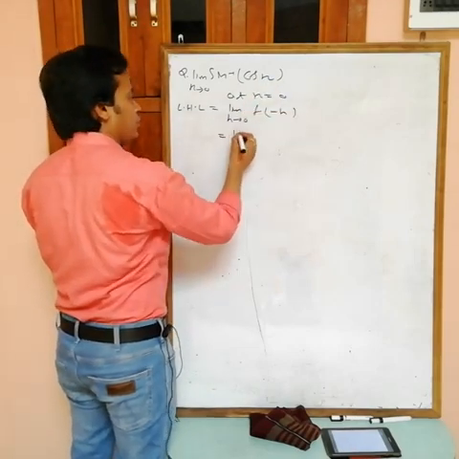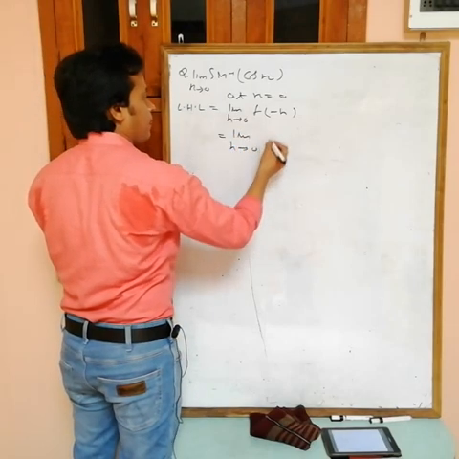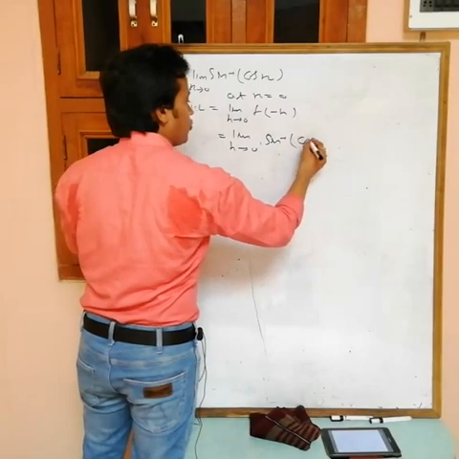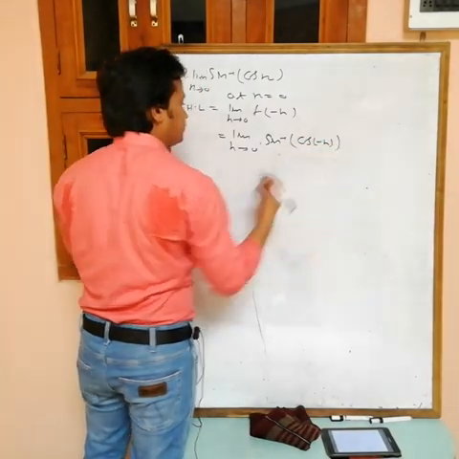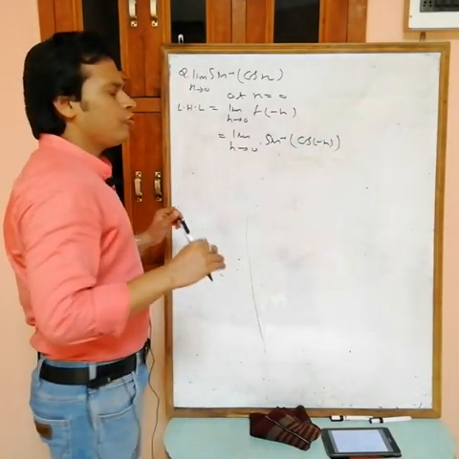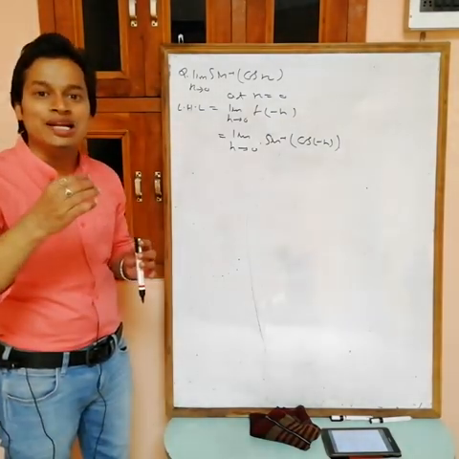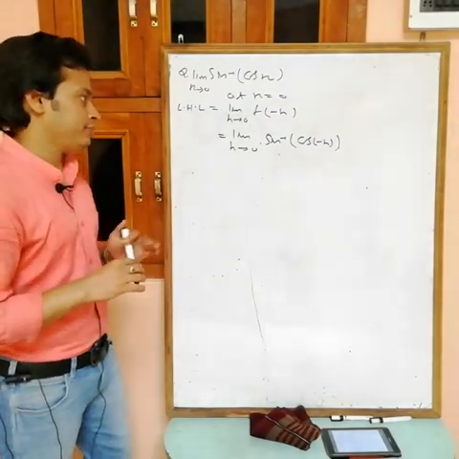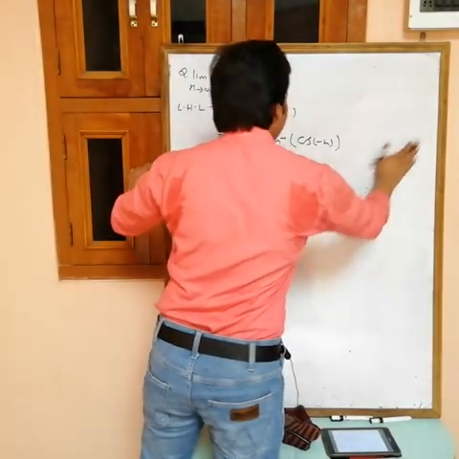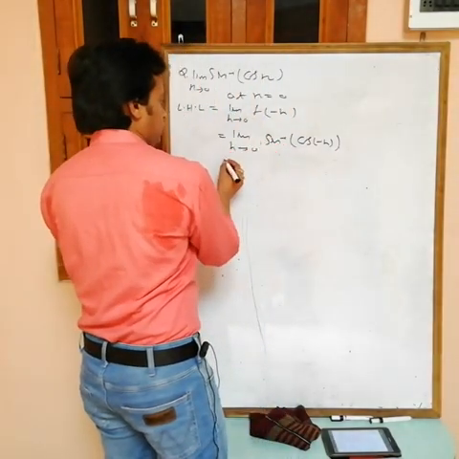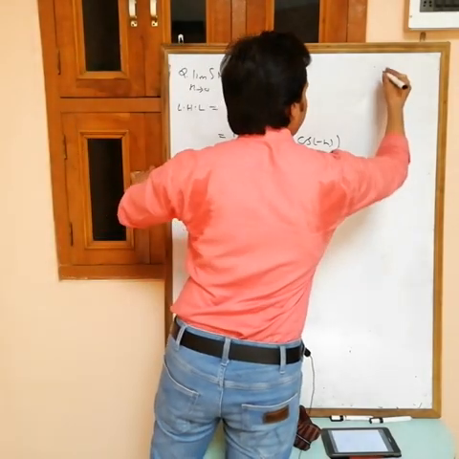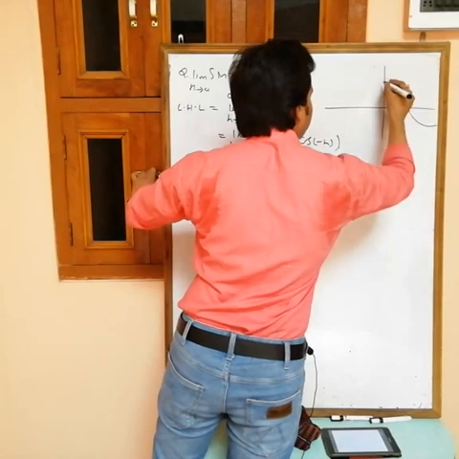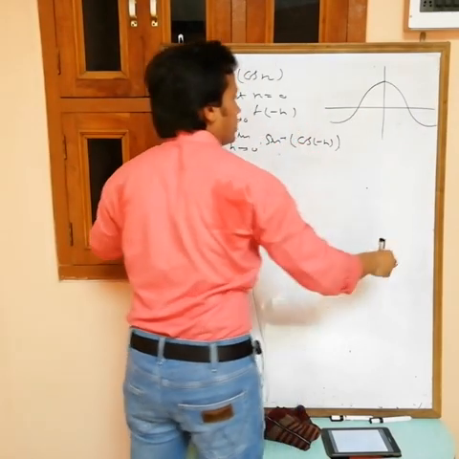Replace x with minus h, then limit h tending to 0 of sine inverse of cos minus h. Now the value of cos minus h is just less than 1. At this time, if I draw the graph of cos x, then this is the graph of cos x.